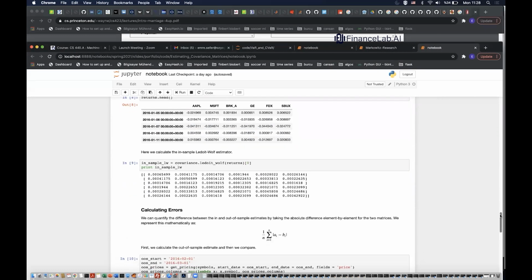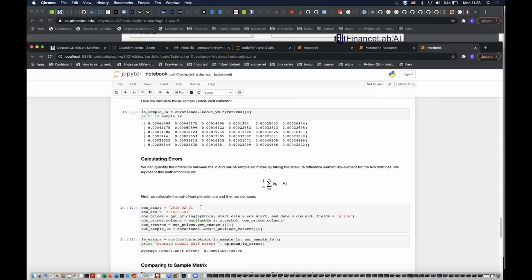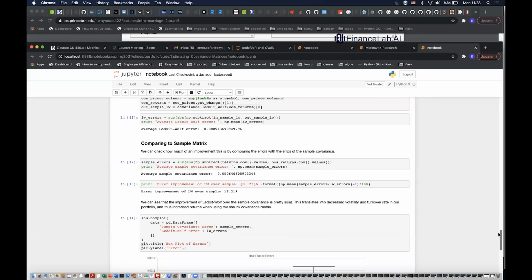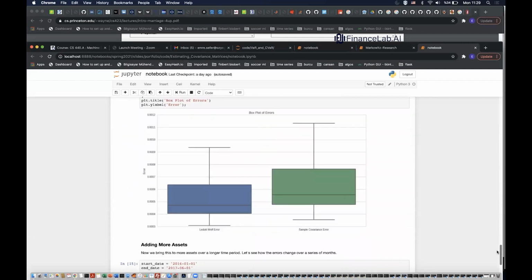From the out-of-sample return period, which is February of 2016, whereas the in-sample period was January of 2016, we calculate again both the original matrix and the Ledoit-Wolf matrix. We then compare the values of the two matrices individually, and plot them as a box plot.